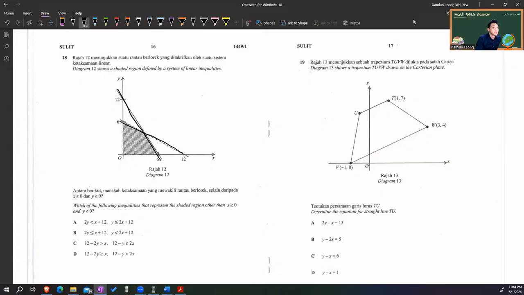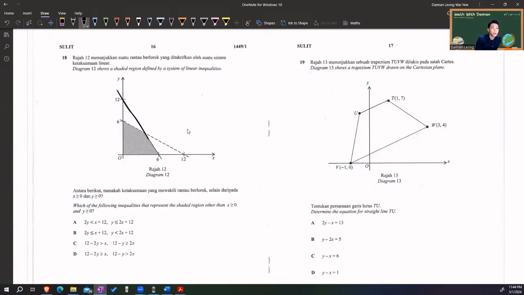Dua ketaksamaan linear dalam dua pemboleh ubah yang diwakili oleh salah satu jawapan inilah. So one of the answers should represent the two linear inequalities. So we see which pair is correct.